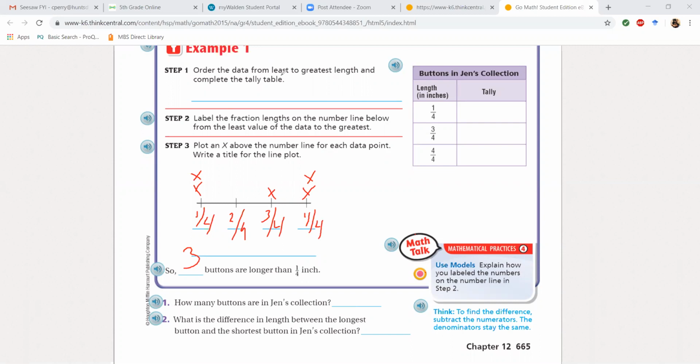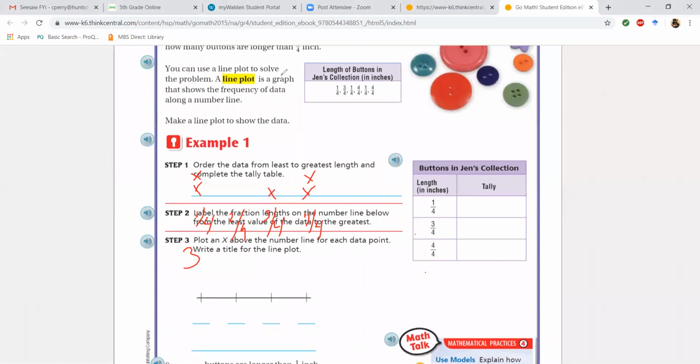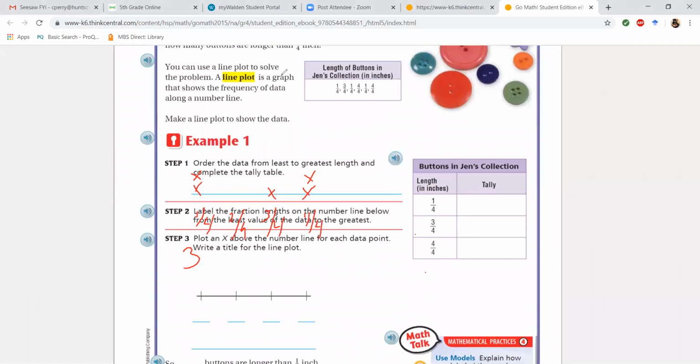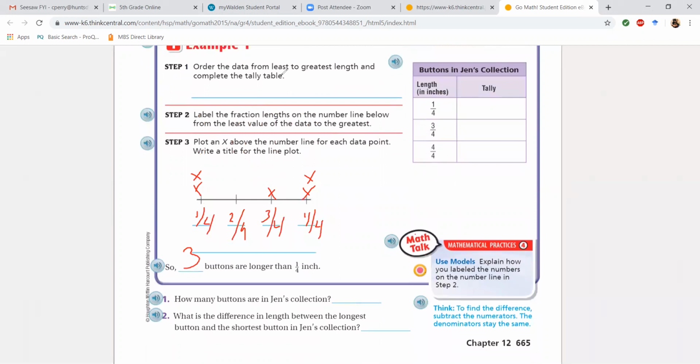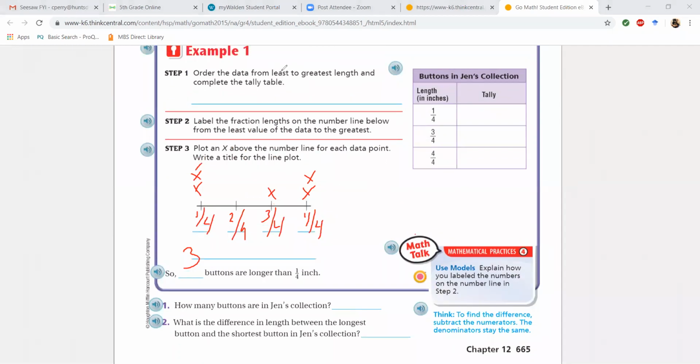The answer to that question is, how many X's are there? Count the total number of X's. I'm missing 1. Yeah, I knew there were 3 X's above there. So how many X's are there in the total line plot? There are 3 above the 1/4, 1 above the 3/4, and 2 above the 4/4. So if you tally it up, 3 plus 1 plus 2 is a total of 6 buttons.